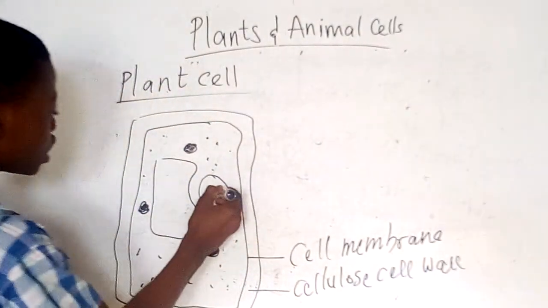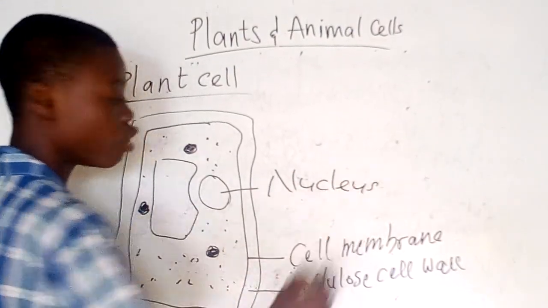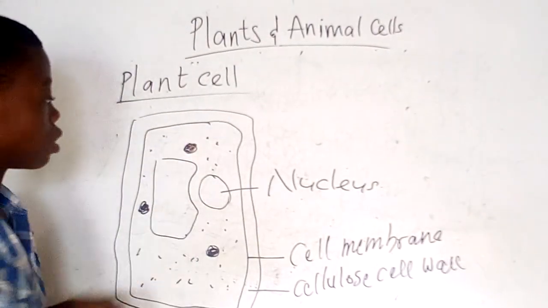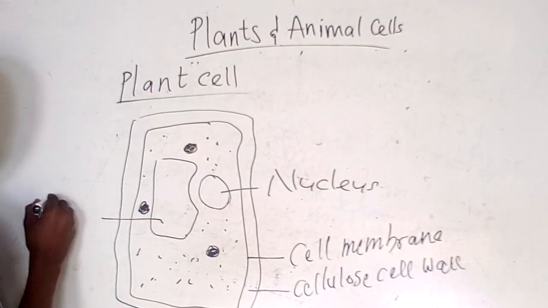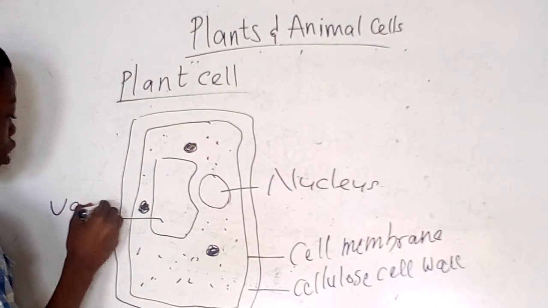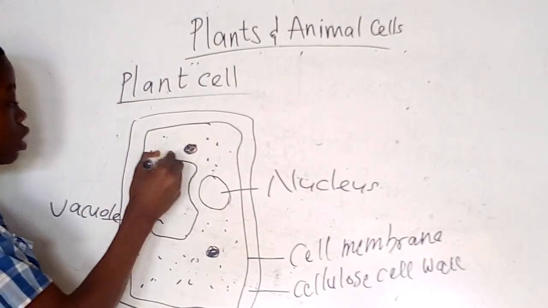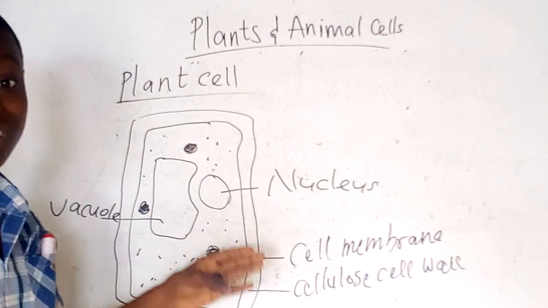Okay, when we come here, this is our nucleus. Nucleus. Repeat after me, nucleus. Then we label our vacuole. This is our vacuole. When you're drawing it, make sure it is bigger than any other part of the plant cell.